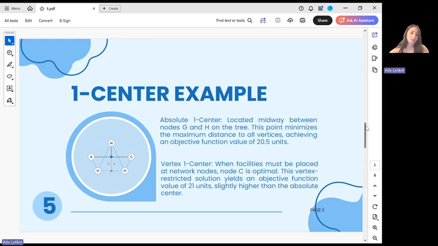And this is called the vertex one-center. Its objective value is 21 units, which is slightly higher than the continuous solution. So this example shows us that continuous solutions are usually more efficient. However, vertex solutions are more realistic.